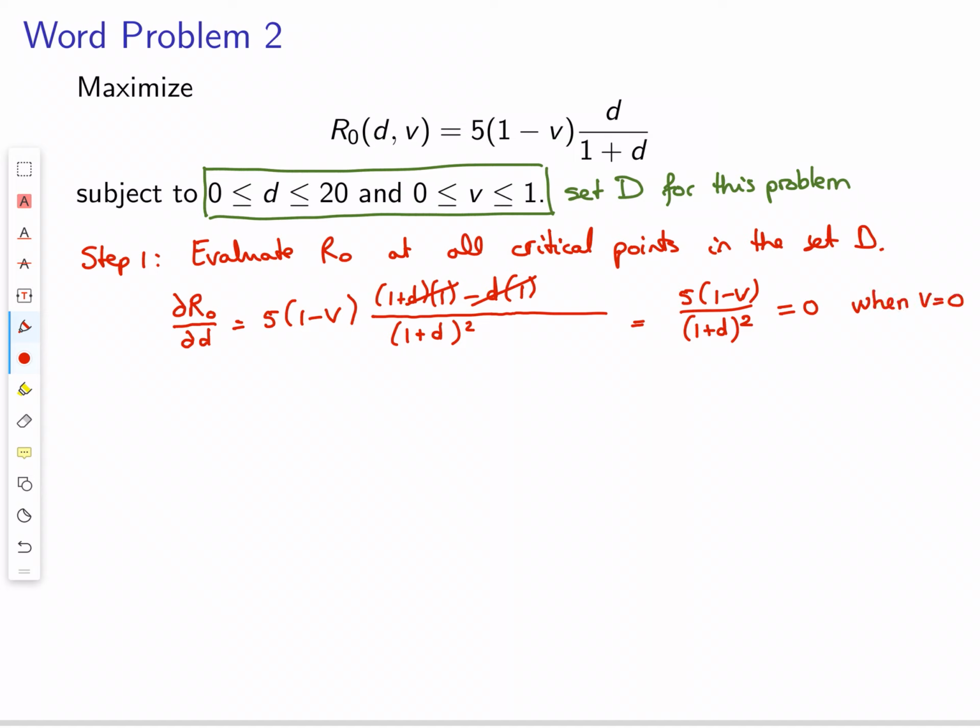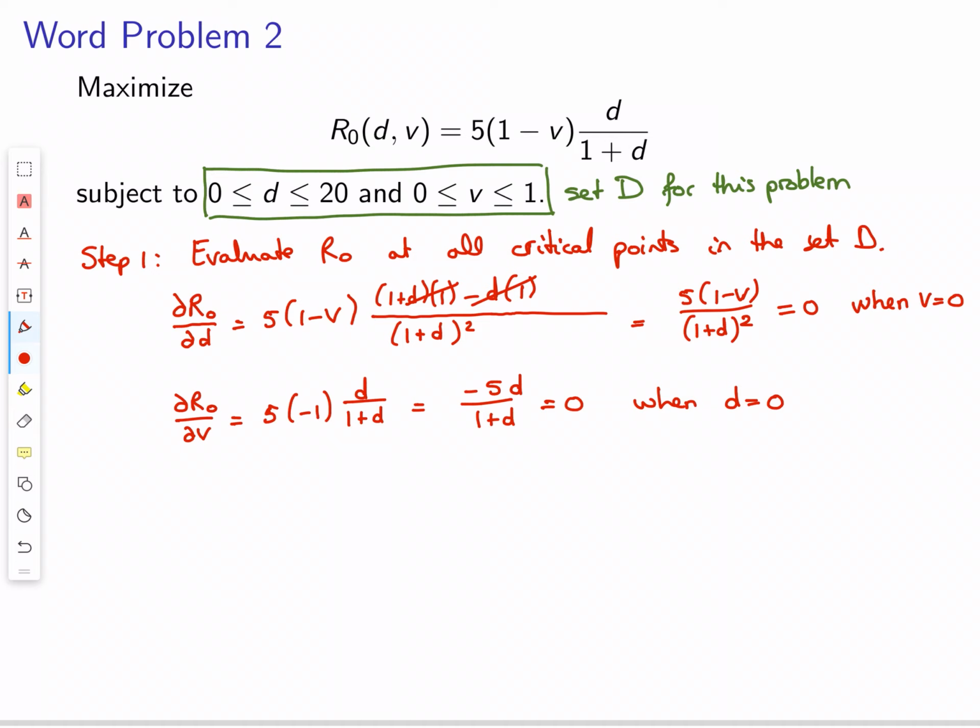Let's look at the other partial derivative, the partial with respect to v. That is equal to 5 times minus 1 times d over 1 plus d, so this is minus 5d over 1 plus d. This is equal to 0 when d is equal to 0.